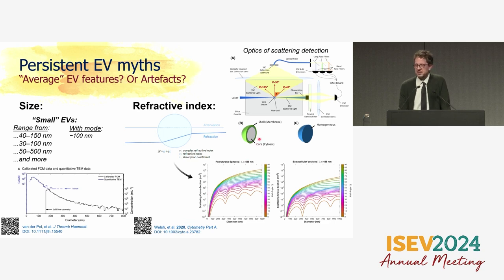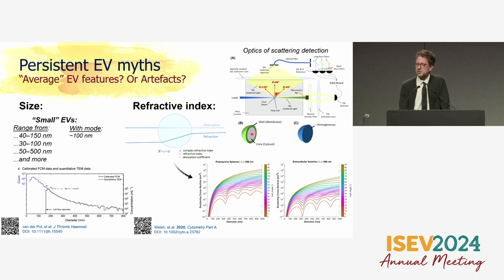The plot thickens even more because the situation is even more complex, because EVs, of course, are not homogeneous. So where you have a single refraction of light at the surface, and then at the other surface, in EVs, there's many, many surfaces. Light is interacting with all of the molecules that are comprising the EVs, including the inside and outside of the lipid bilayers on both sides and all the molecules in between.